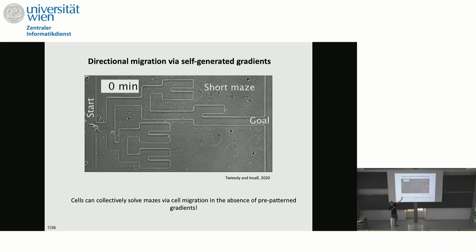So initially you have a field of chemoattractant, and it's completely uniform, and then you put the cells on the left side. And the question is, can the cancer cells find the end of the maze, or are they going to get lost? How efficient are they at solving the maze?